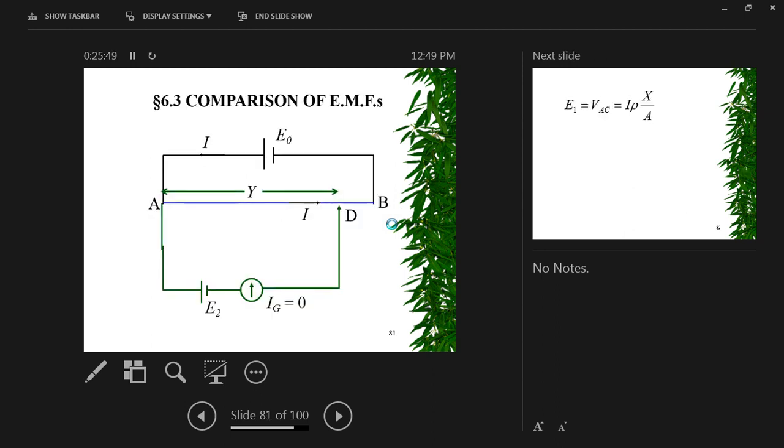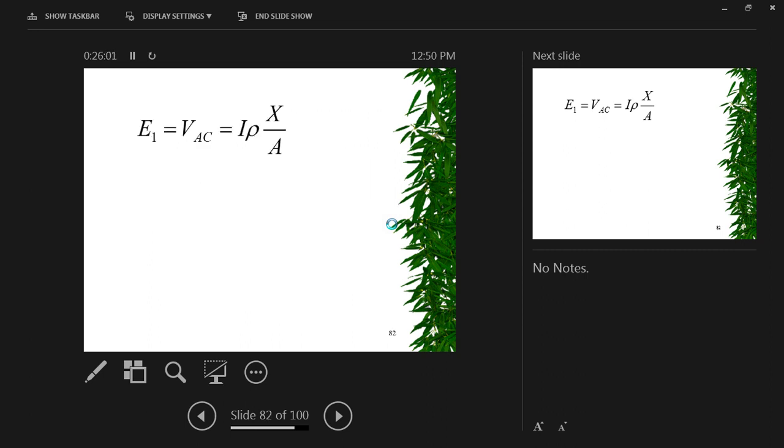I have this potentiometer that I know nothing about. I only created it. I use an unknown driving EMF. I don't even need to know this. I use a resistive wire, whose resistance I don't even know. And then I pick up two EMFs. Let's say one of the EMFs is an AA battery from my pocket. I know an AA battery is 1.5 volts.